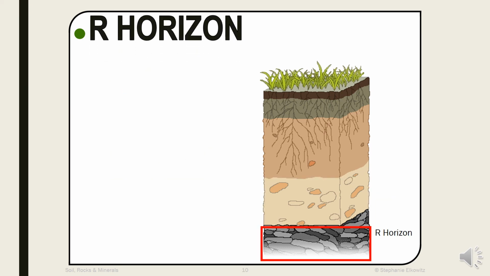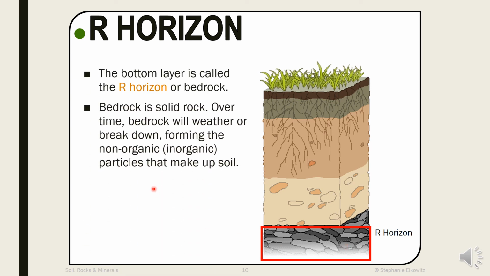The last one is the R horizon or bedrock. The last layer we call bedrock. It contains compactly arranged rock particles, and this is a totally inorganic layer, made up of inorganic particles.